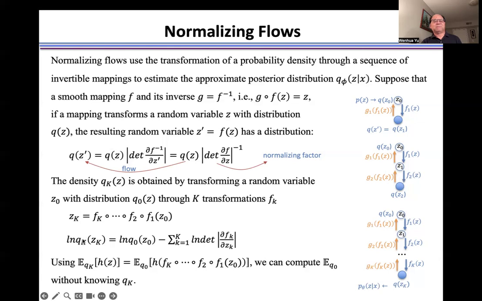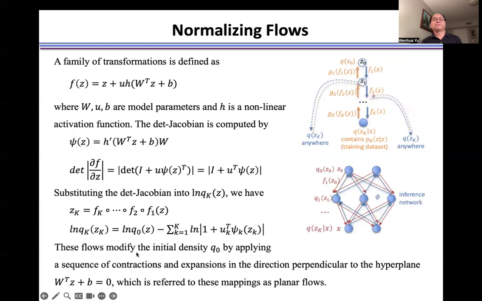We get this variational distribution Q. Using this relationship, we compute the expectation over Q0 without knowing Qk.